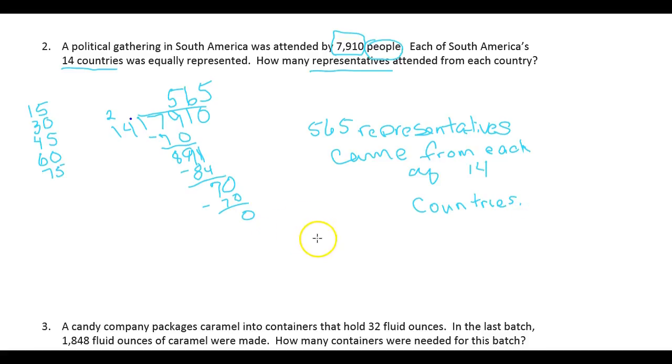And then as far as checking it, we're going to do the same thing we usually do. 565, we're going to say times 14. 5 times 4, 20, carry. 4 times 6 is 24, 25, 26, carry. Again, you've got a 20 plus a 2, 22. 10 times all that means we're just going to add a 0 to it, right?